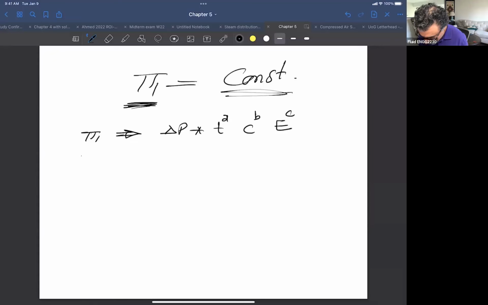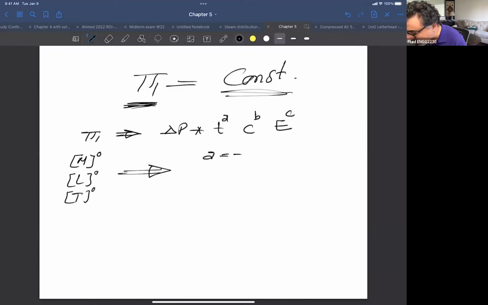We get M to the power 0, L to the power 0, and T to the power 0, and then we can get those numbers. I'm sure that you can do this. So a here is going to be minus 3, b here is 3, and c here is minus 1.